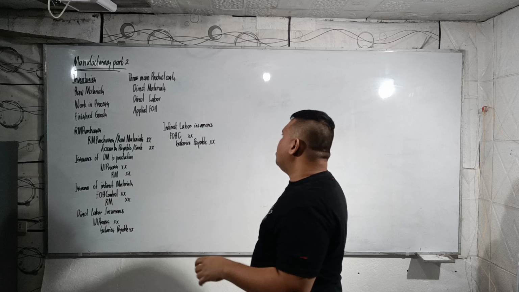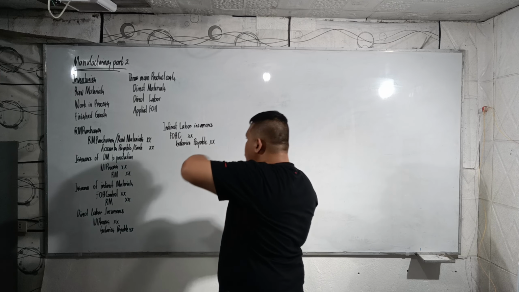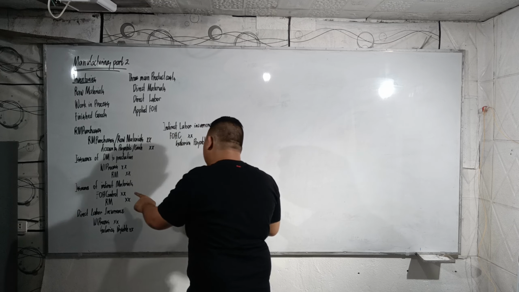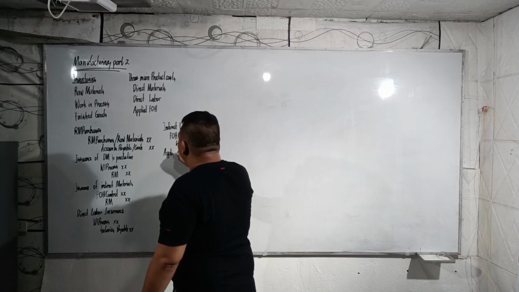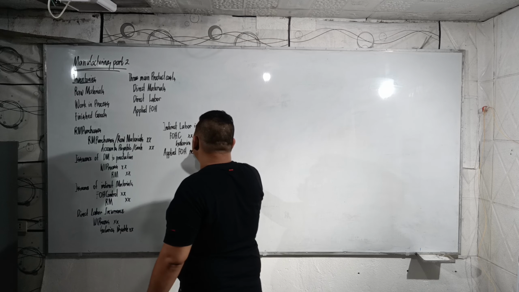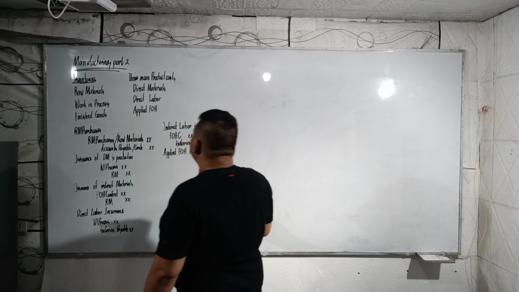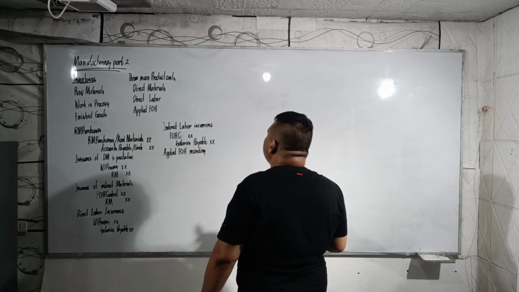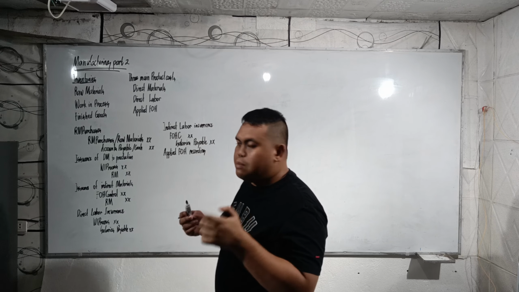Okay? Now, after that, I told you that the work in process is not yet complete. It's not only the direct materials, it's not only the direct labor. We also have to put in there the applied factory overhead. So again, the applied factory overhead amounts come from the amounts of the actual factory overhead of last year, and that is normally compared with the direct labor.